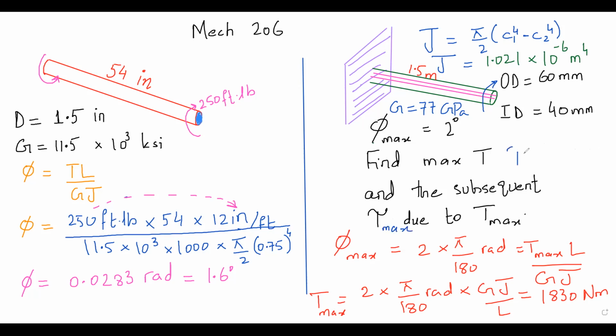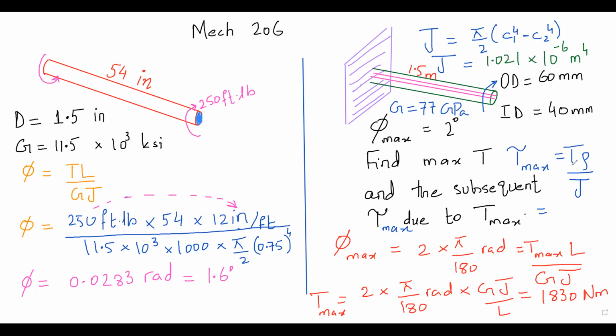So I will get... what was the formula, by the way? TR over IP. Instead of rho, I will put 60, because it will exhibit the maximum shear stress at 60 millimeter.